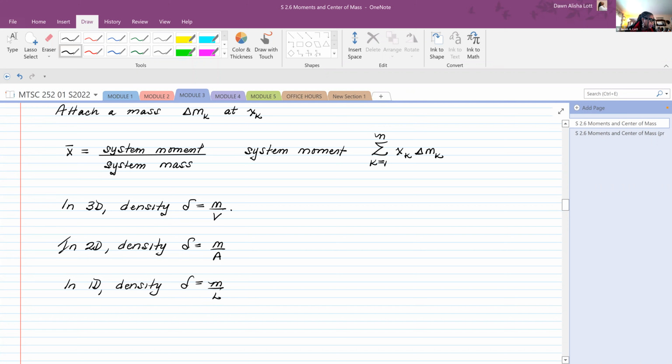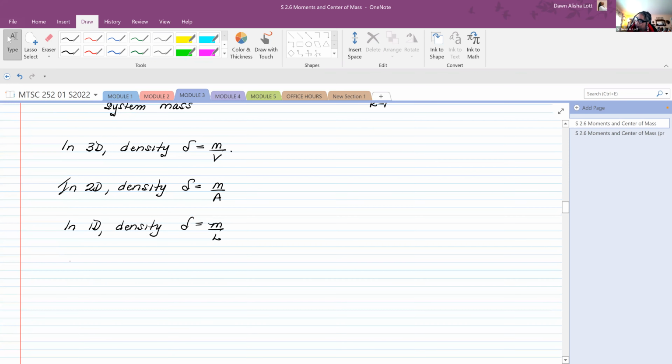All right, so now we can figure that out. So now I'm going to create something called delta at xk. So that's the density at xk, which is simply going to be the mass at xk divided by the length, which was delta xk.